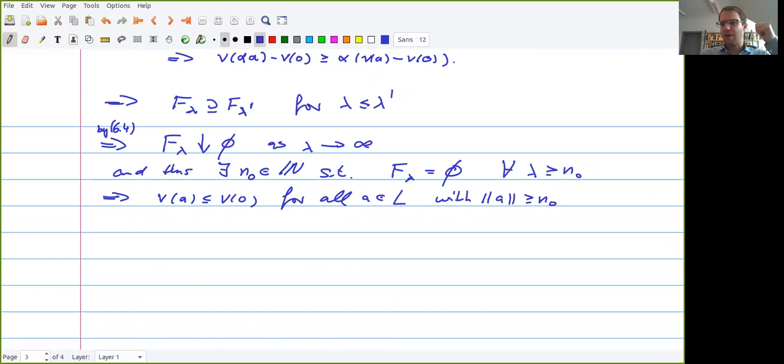So what you see, if we only care about the optimization problem over L, because everything which is in the complement doesn't contribute to our gains. And secondly, we only care about trading positions which have a norm less than n0, because everything else gives us a worse value at the end than the 0 strategy.